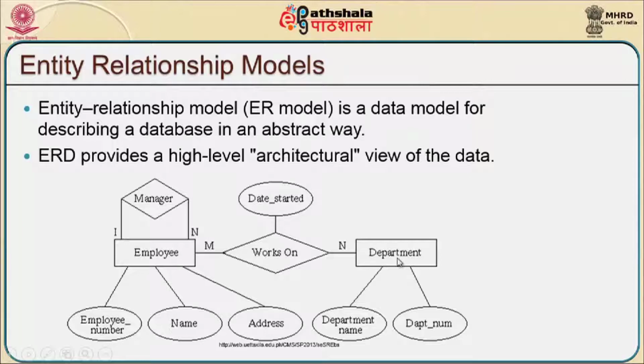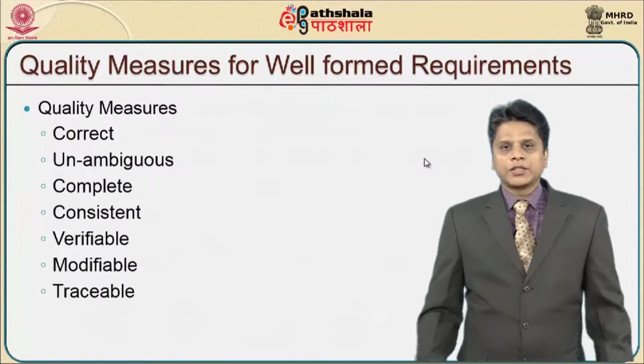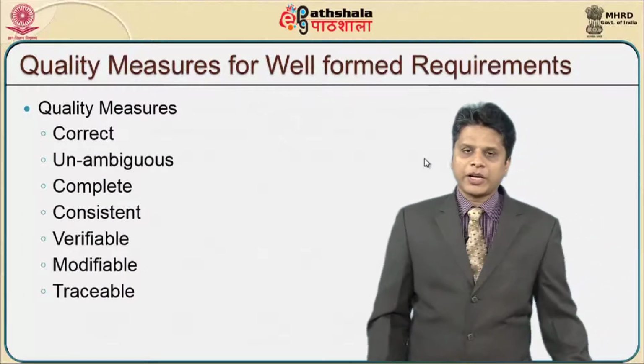Employee works on a specific department, employee can be a manager, employee has a list of attributes, likewise department has a list of attributes, and works on has an attribute. This entity relationship diagram provides a high-level architectural view of the data. Thereby we are very clear what type of contact or communication this entity has with the other entity. So those are to do with the functional requirements.